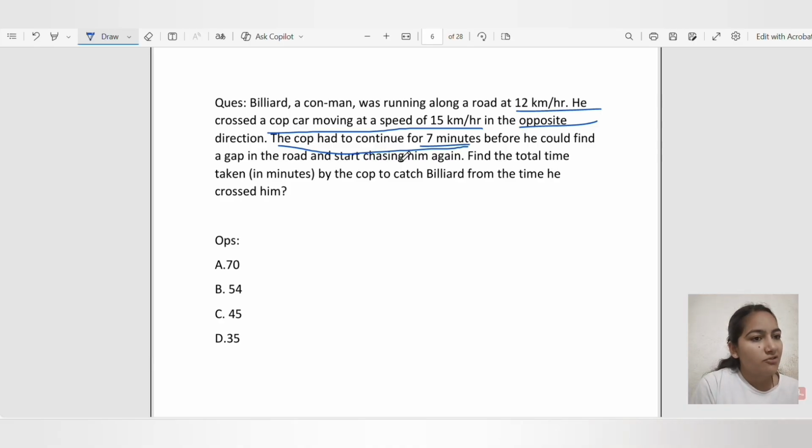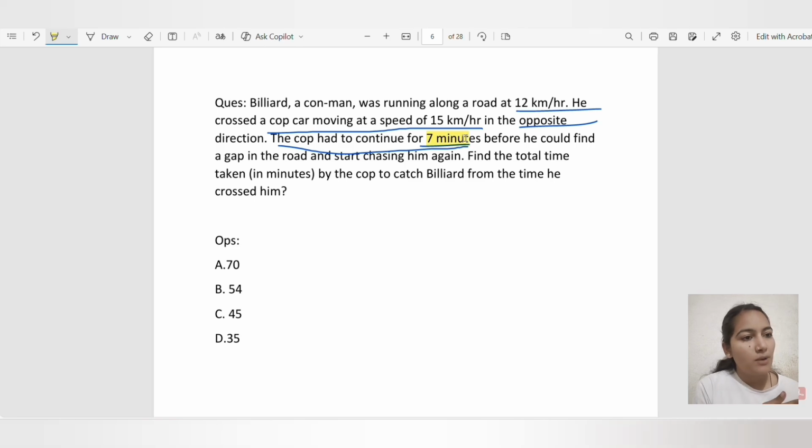So for 7 minutes, Billiard is running in this direction and the cop car is running in the opposite direction, and then the cop car finds a gap in the road and starts chasing Billiard again. We have to find the total time taken by the cop to catch Billiard from the time he crossed him.